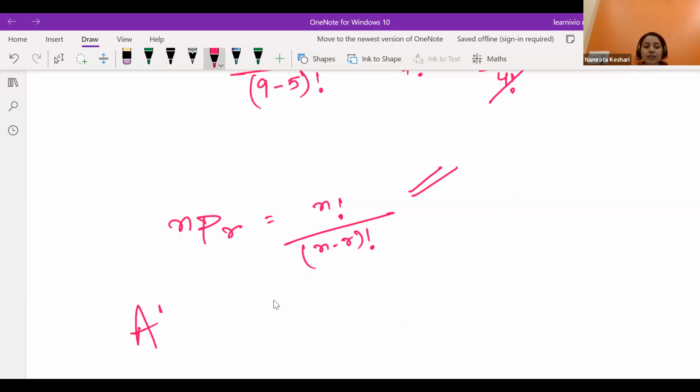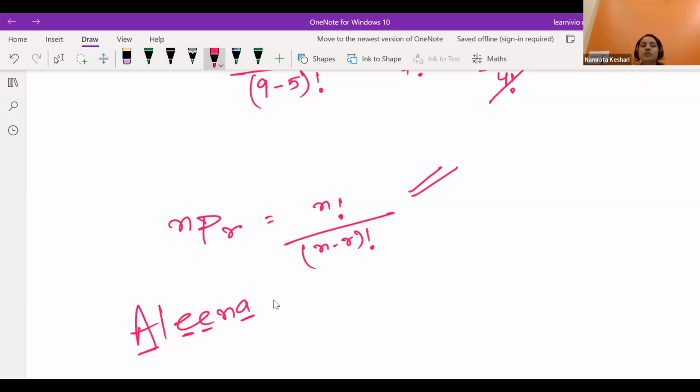If I am writing Alina over here, and these are the letters we are having, and out of this we want to arrange, then can you notice that here distinct letters we don't have? A is here and A is here also. E is here and E is here also.